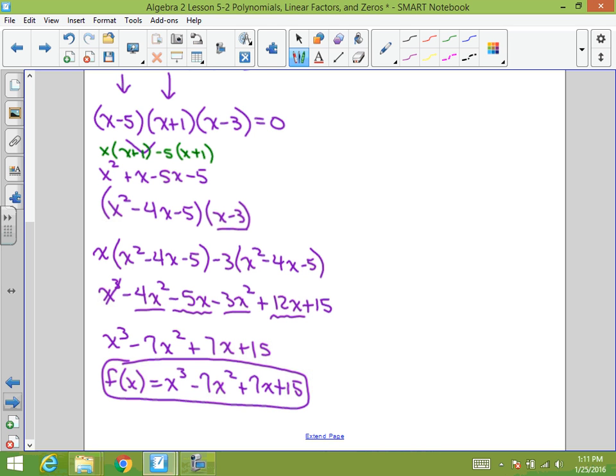You'll just go to Menu, go down to Algebra, and go to Expand, which is number 3, and then you'll just type in x minus 5, parentheses, x plus 1, parentheses, x minus 3, and it'll multiply it all together and give you x cubed minus 7x squared plus 7x plus 15. And then you can double check and make sure your answers are right. So it's kind of a neat feature, and it makes it quite simple to multiply if you're not really good at multiplying.